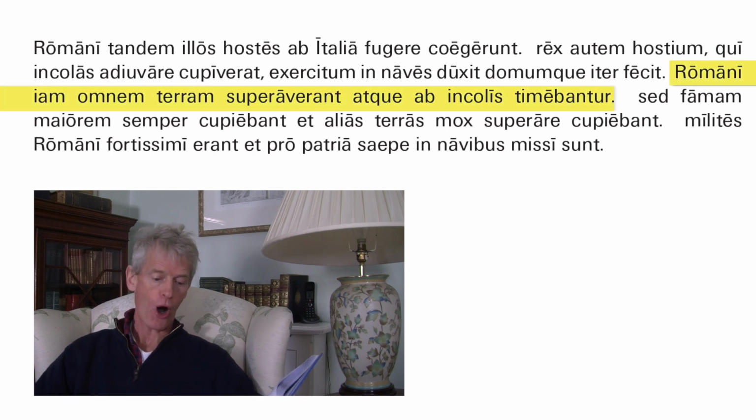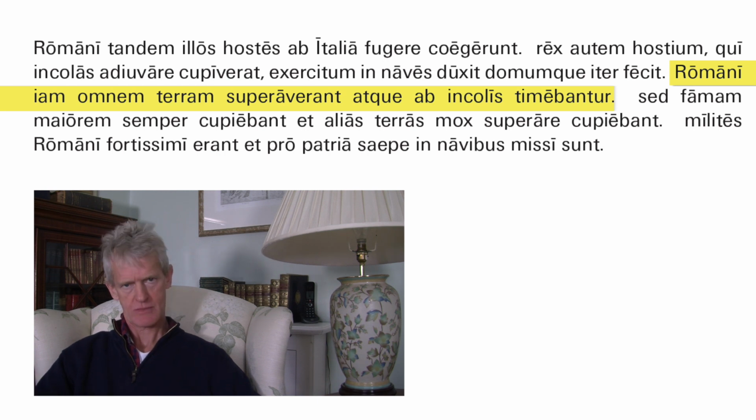Romani iam omnem terram superaverant, atque ab incolis timebantur. Okay. First main verb, superaverant. Third person plural, subject is they or a noun in the nominative plural. Back to the beginning, and we've got Romani. The Romans, iam, that means now.